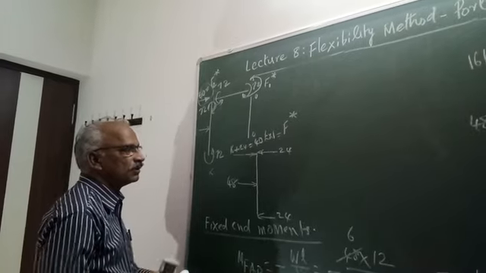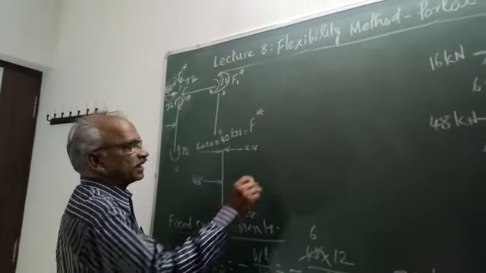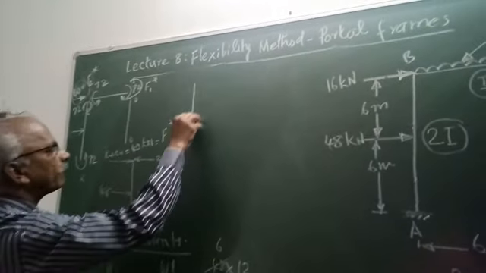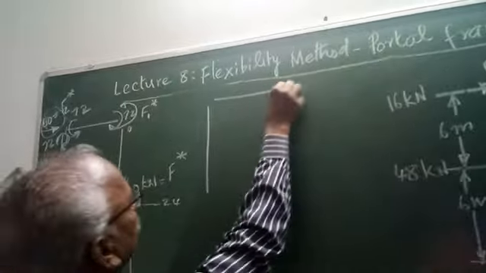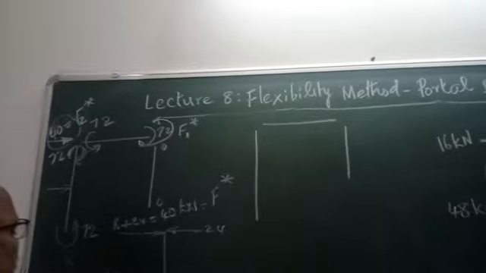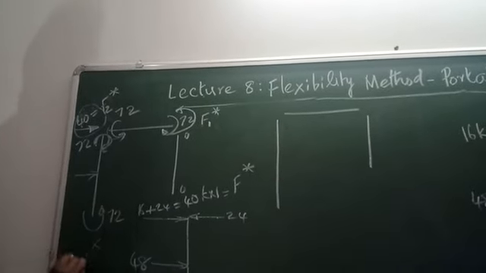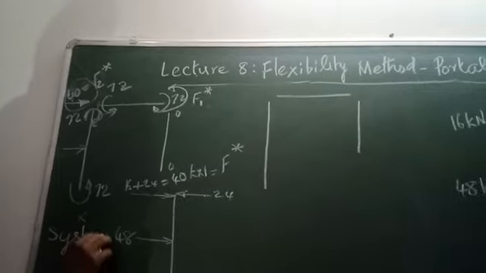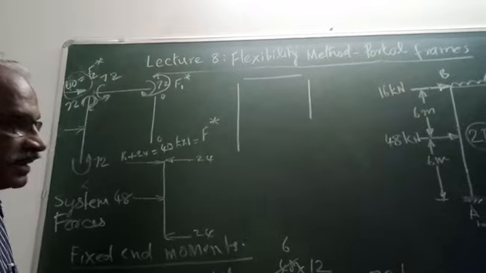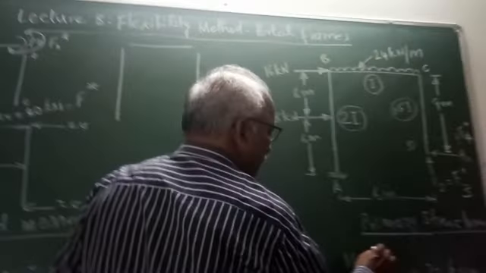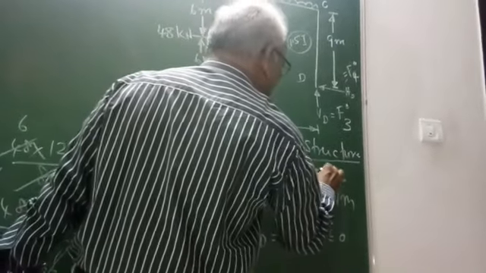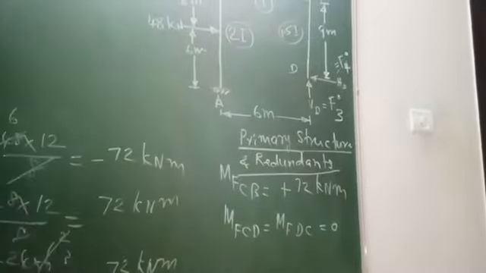Then we have to fix the element coordinates. So we'll just divide the beam into three elements. So these are the system forces. This is primary structure and redundance.